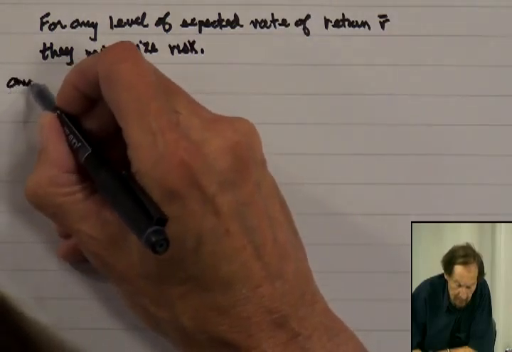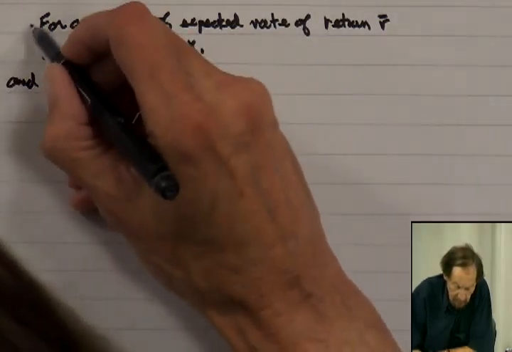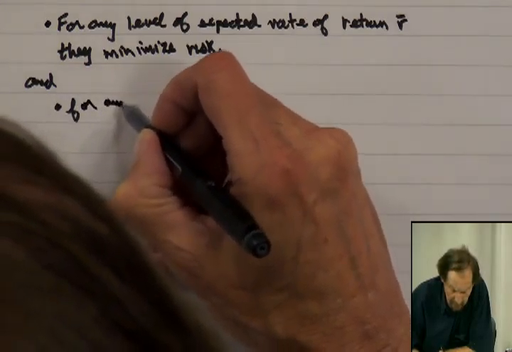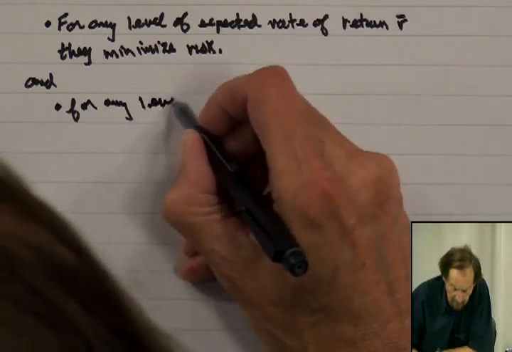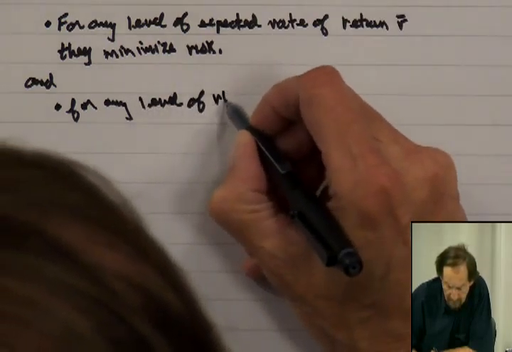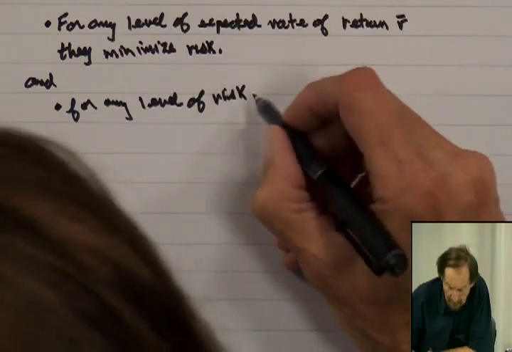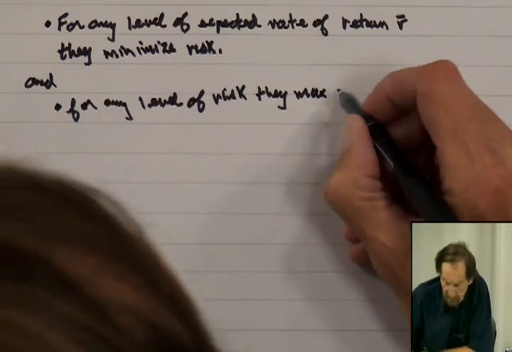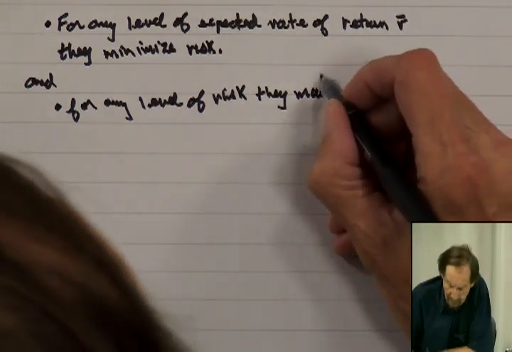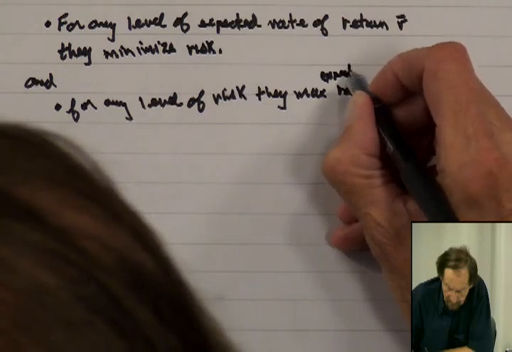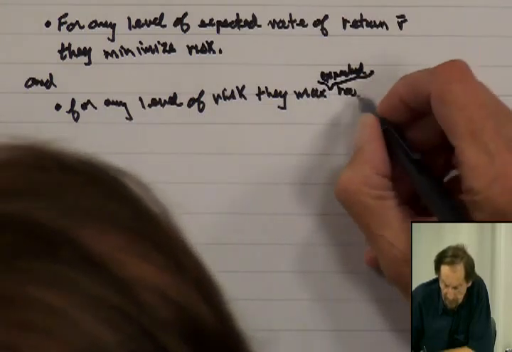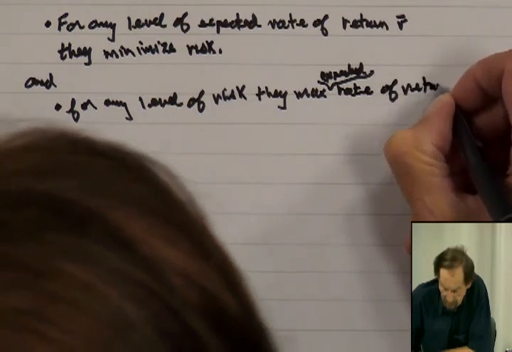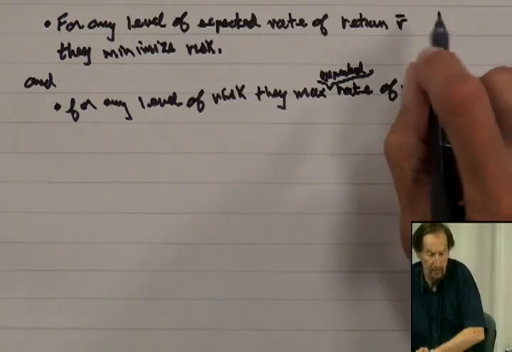And for any level of risk, they maximize the expected rate of return. So they're along the efficient frontier.